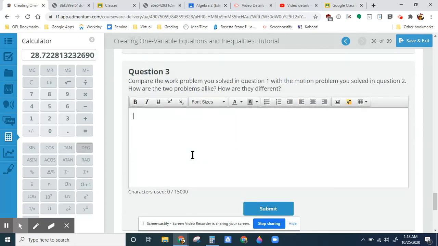All right, compare the work problem you solved in this module to this one. How are these two problems alike? How are they different?